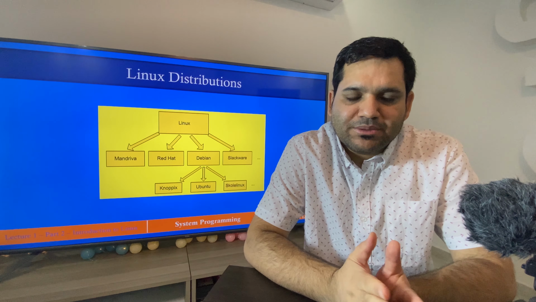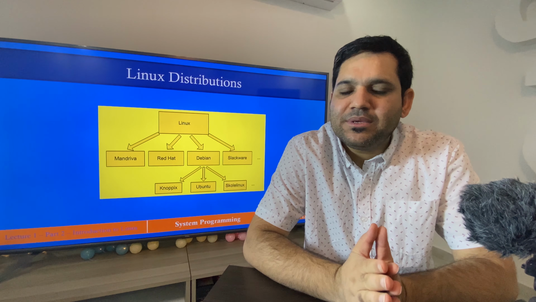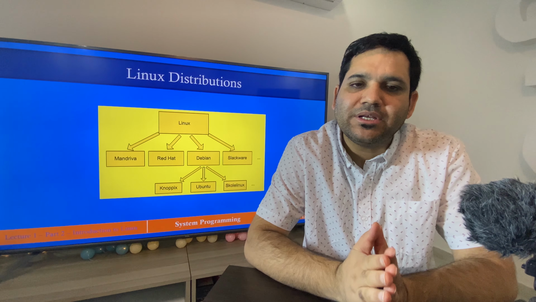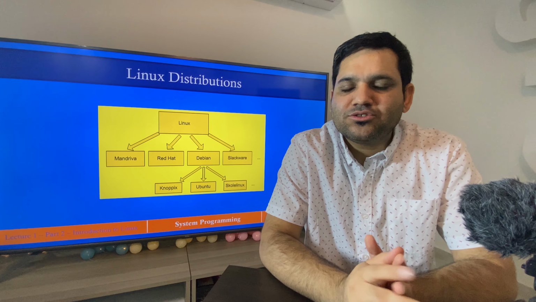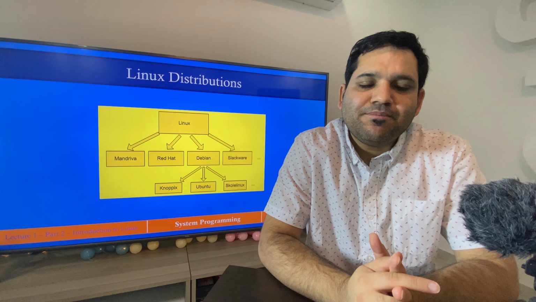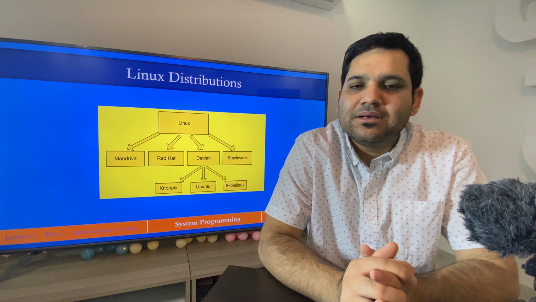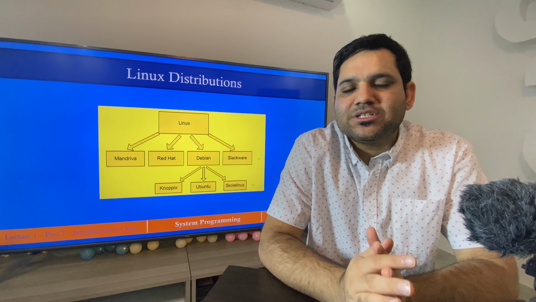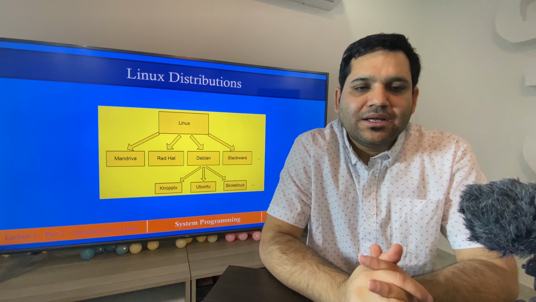We have some examples like Red Hat, Debian, and Sun Solaris. We have the Raspbian operating system, which is used for the Raspberry Pi, and so on. Some of those are commercial and we need to pay to get a license, but most of the distributions based on Linux are still free.